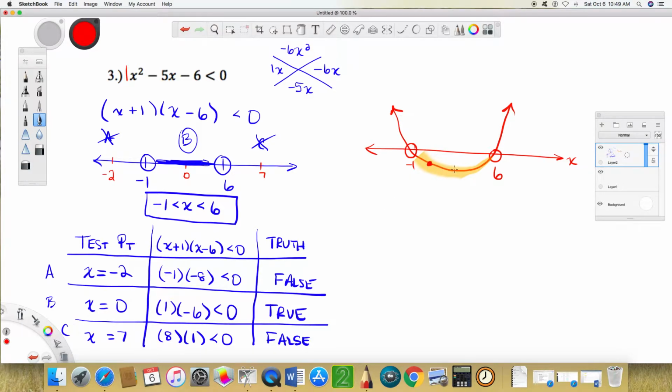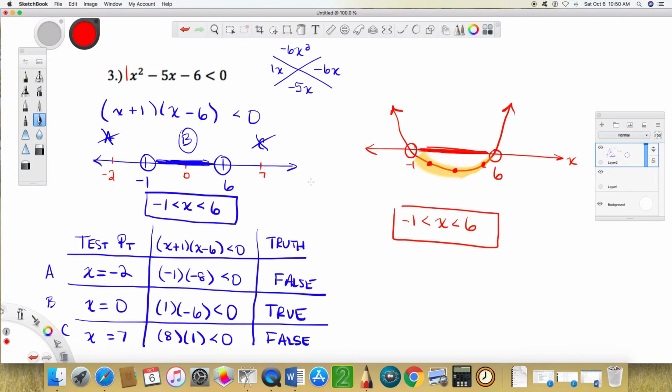So these points that are in the shaded region, where are their x-coordinates on this number line, on this x-axis? Well, they're up here. These have x-coordinates there, so they're in the middle, and I shade here. And so when I describe this, I've got -1 is strictly less than x, which is less than 6. And that's the same solution set that I got with my table.